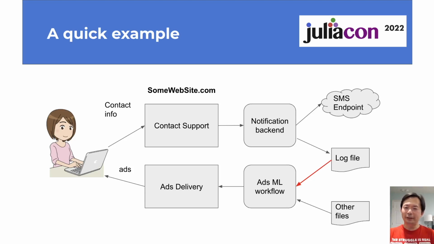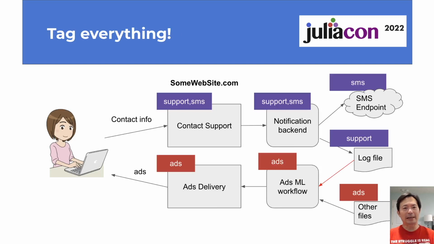One way that we can fix that problem is to just start tagging everything with some labels. In this case, you can see that the support workflow is being tagged with support and SMS labels, the log file is tagged with the support label, and the ads workflow is being tagged with ads.